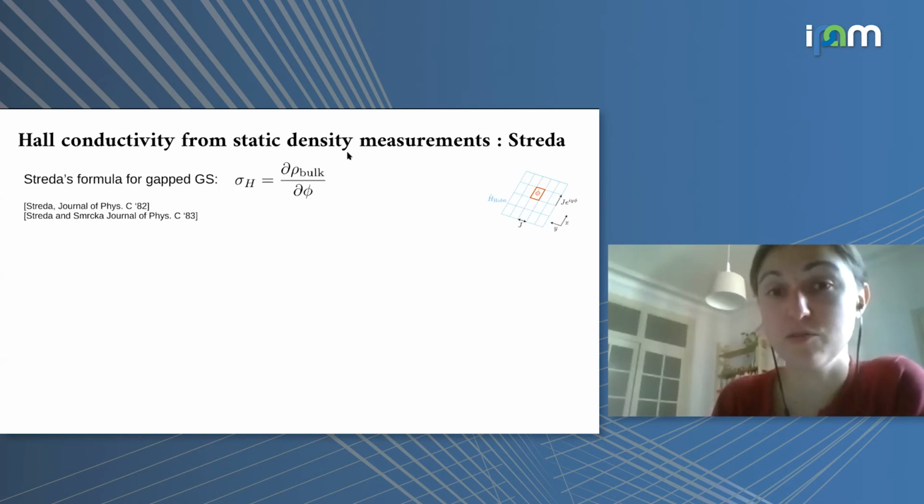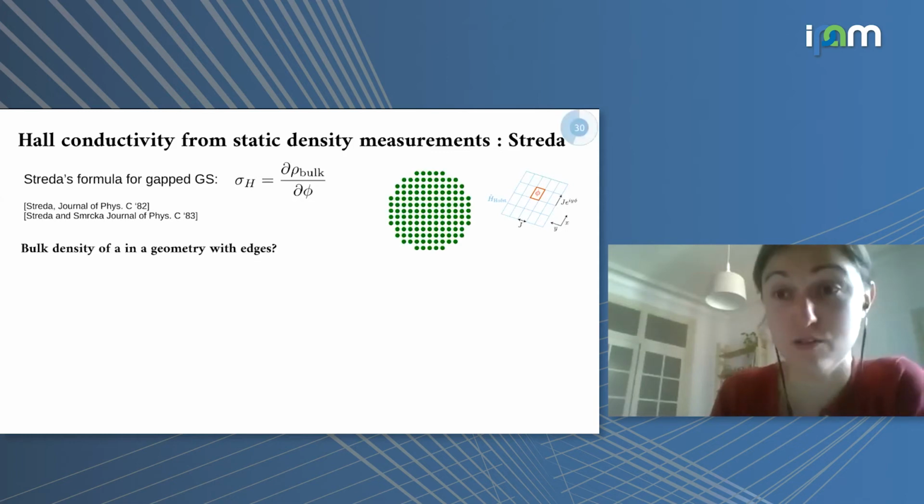Here, the magnetic field in our system is the flux, so that's why I'm writing d rho over d phi. And I added an index bulk to keep in mind that this should be the density in the bulk of the system, because the Hall conductivity is a bulk quantity. So what's the bulk density?